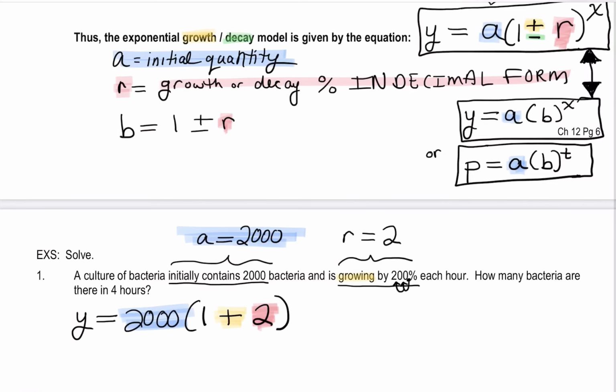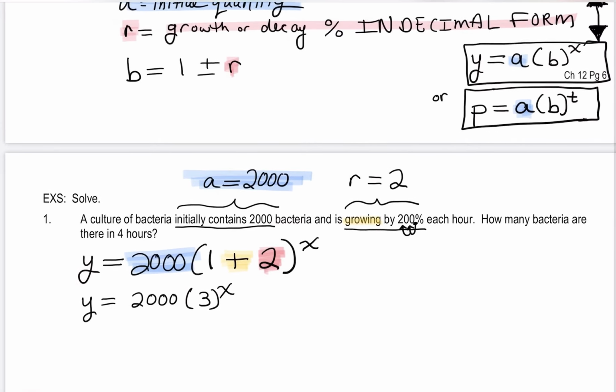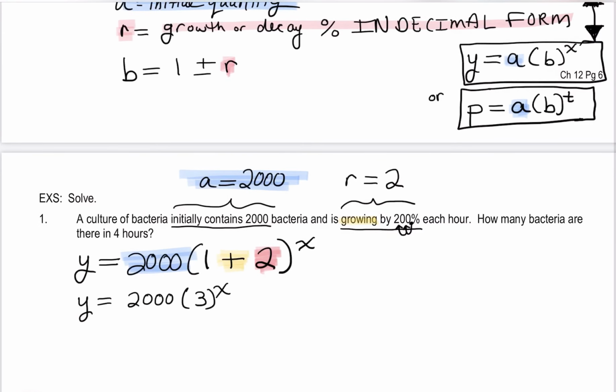It's my choice for my input variable, so to the x power, or n or t or whatever. So if I'm asked for it in the form of a times b to the x or a times b to the t, it would be 2,000 times 3 to the x. In this case, that whole quantity would represent the b.